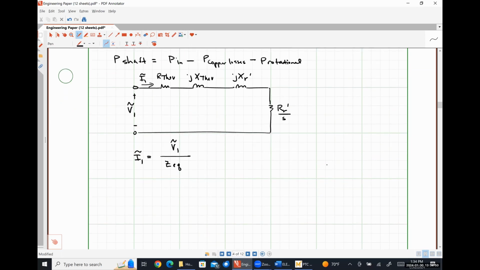My copper losses in my stator, so PSCU, is going to be 3 times the magnitude of I1 squared times the resistance of my stator winding. So this is copper losses in the stator.